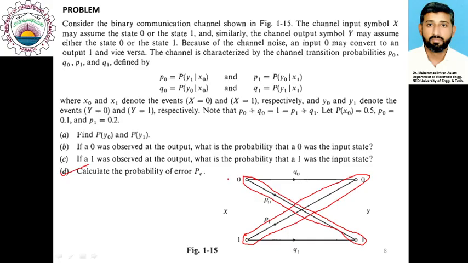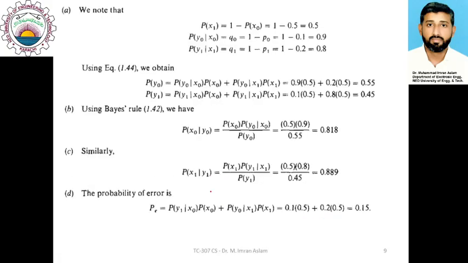Since the error occurs with two possibilities, we apply the total probability law to calculate the total probability of error. The probability of error is the sum of two possibilities: we transmitted 0 but received 1, and we transmitted 1 but received 0.